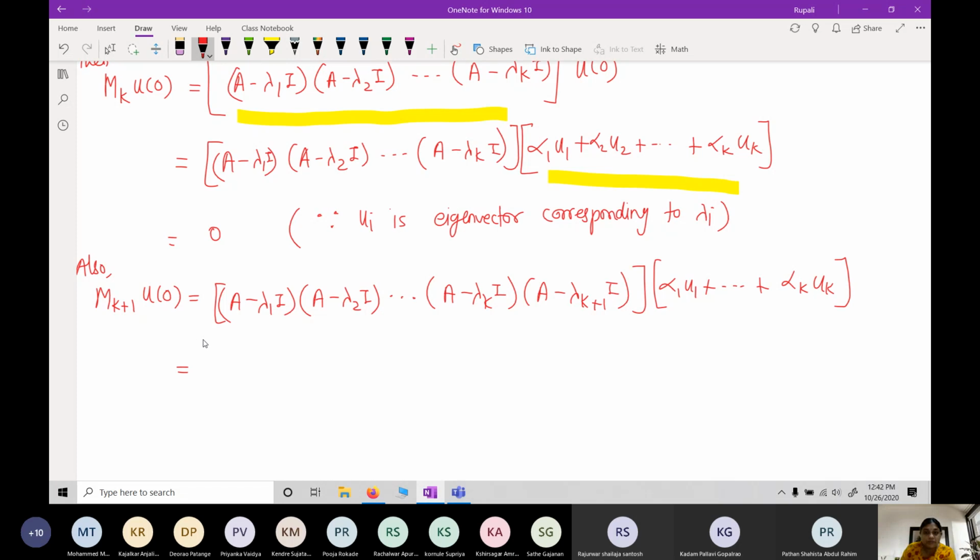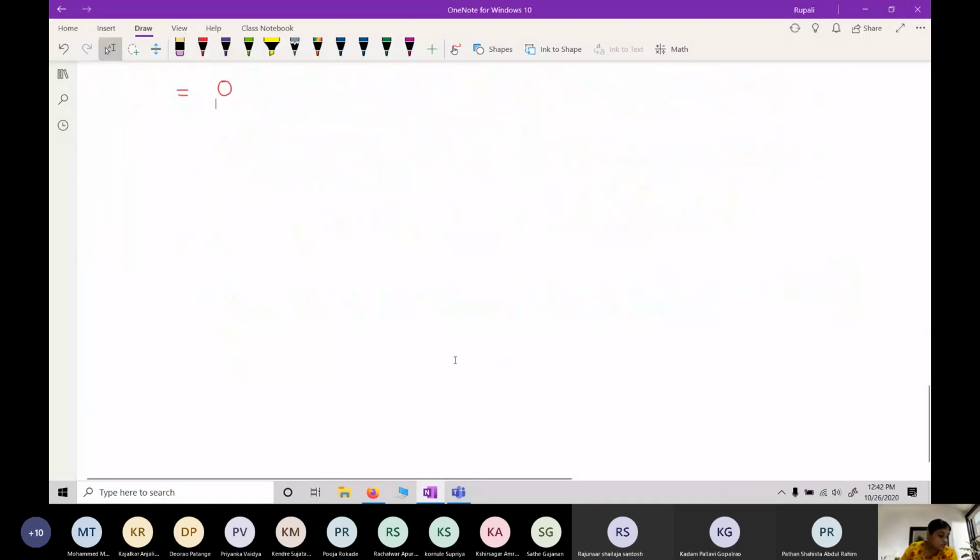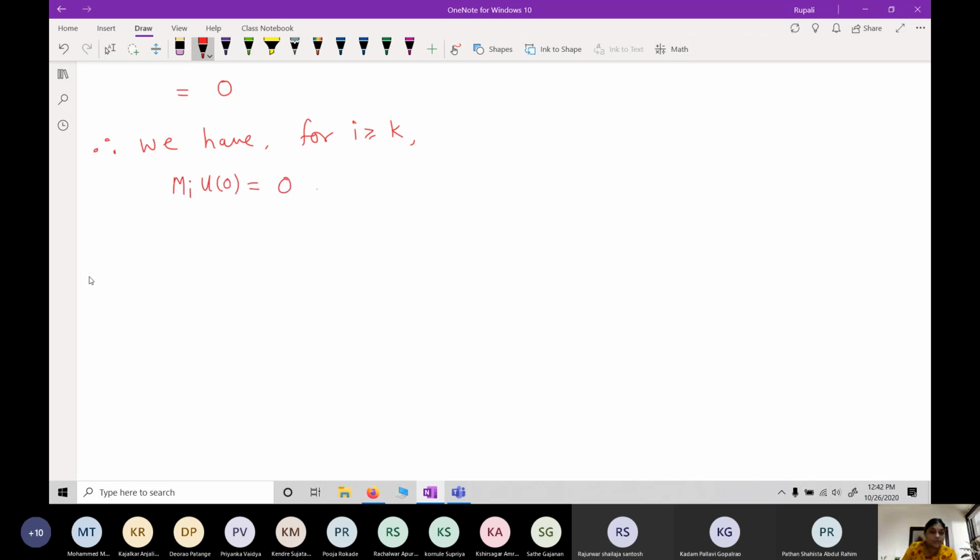Is that okay? So again we will get this equal to 0. Therefore we have, for i greater than or equal to k, Mi applied to u0 must be equal to 0.